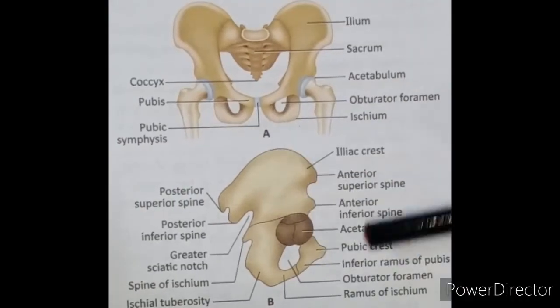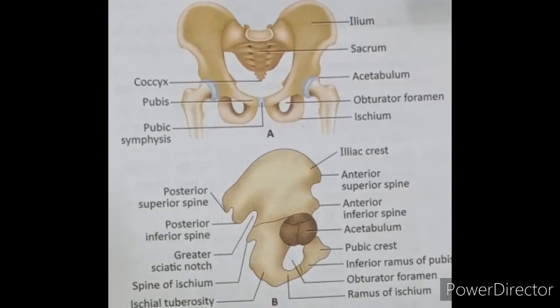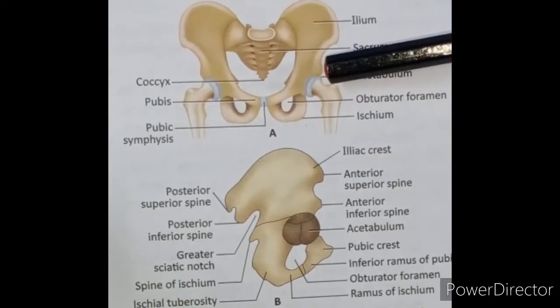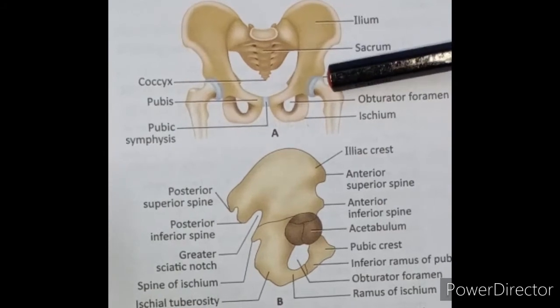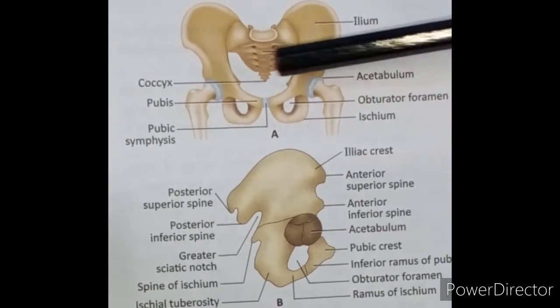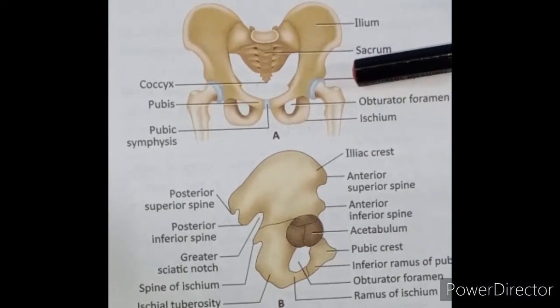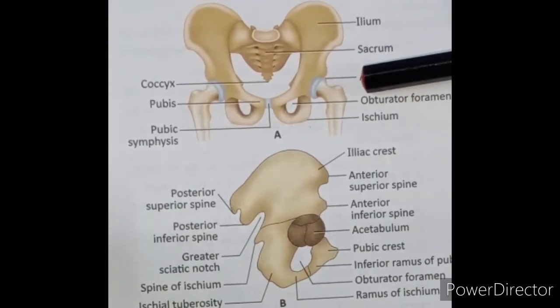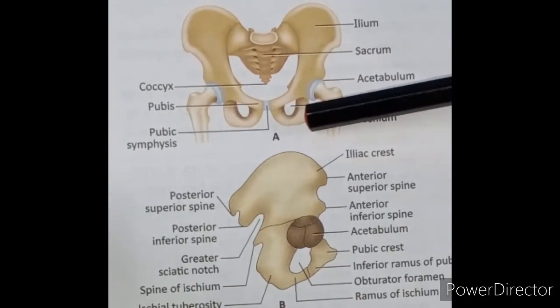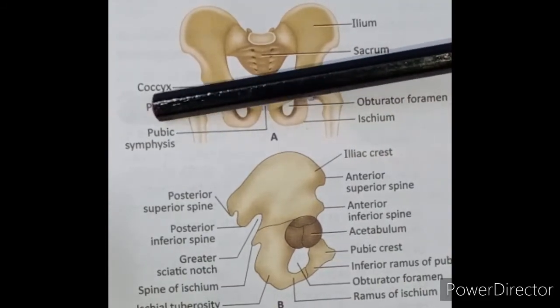Now about the lower region of the appendicular skeleton, that is the pelvic girdle. The pelvic girdle is located in the lower part of the trunk. It consists of 2 halves, each half comprising 3 bones: ilium, ischium and pubis.